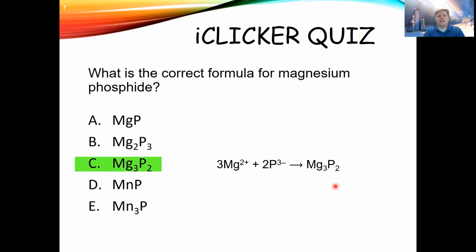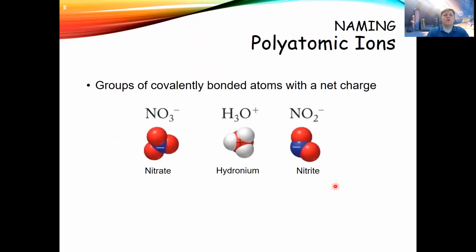All right, so that is our monoatomic ions, ions that only consist of a single atom, how we name those and how we name the salts. Now let's get into polyatomic ions. So these are ions basically of molecules. So in these ions, you have covalent bonds, but you also have a net charge, whether it's positive or negative.